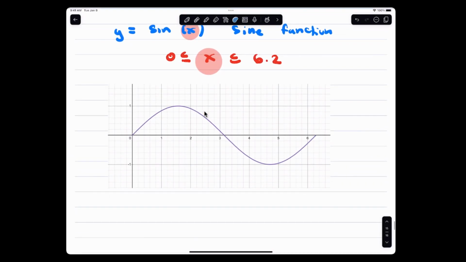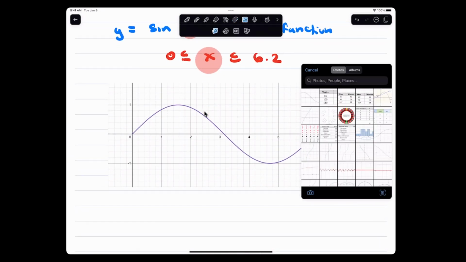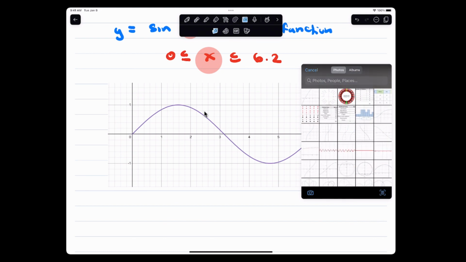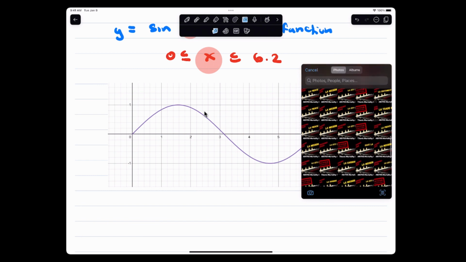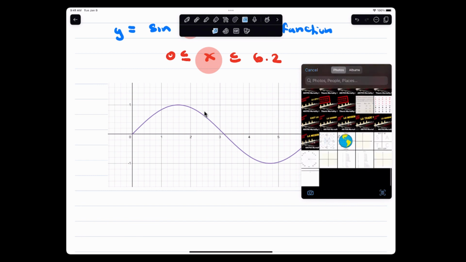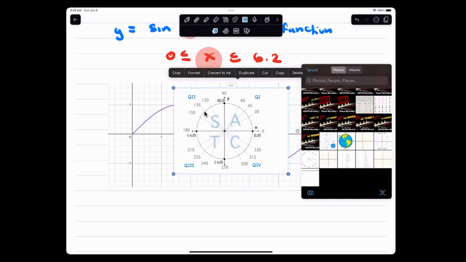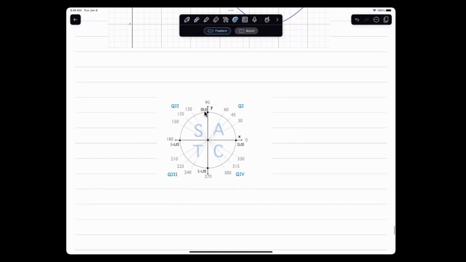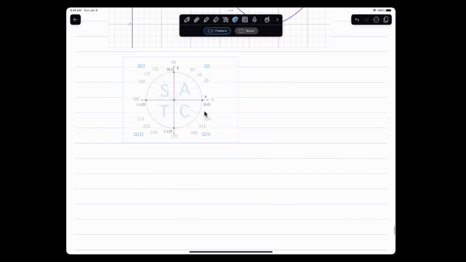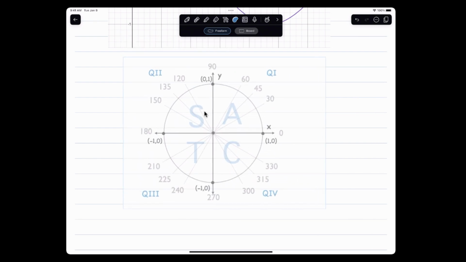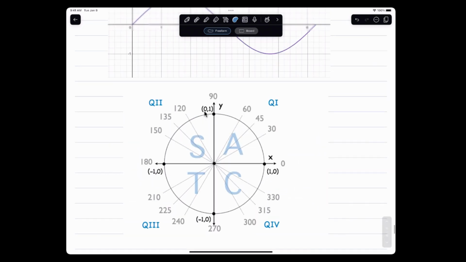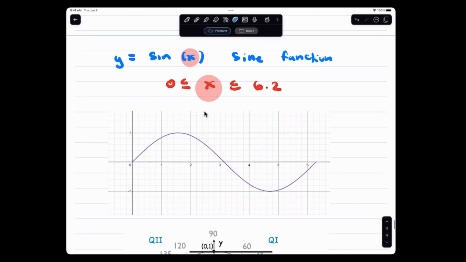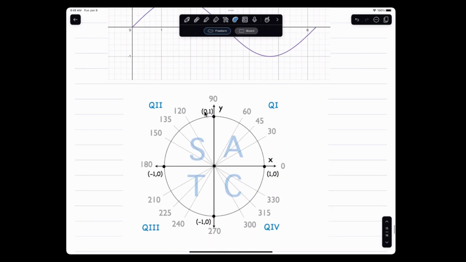Okay, so remember, this comes from that unit circle. Where's our all students take calculus? Okay, so remember, we're talking about these terminal points here, right?